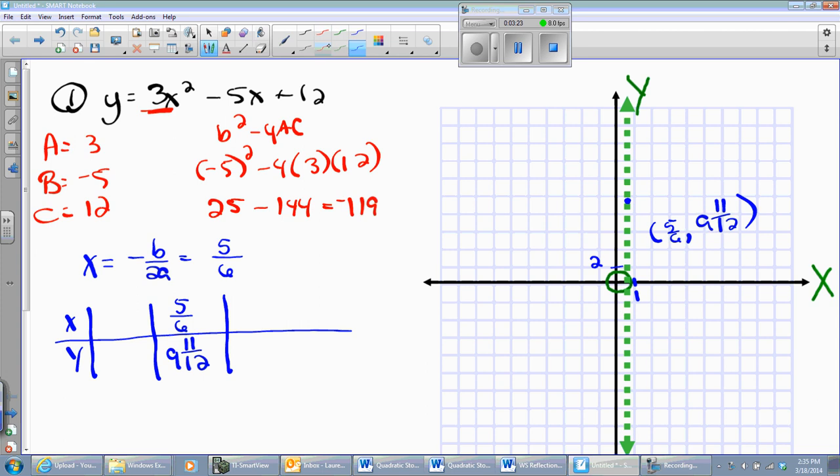All right, so now to do my other 2 points, I'd like to put 0 in whenever possible. And, all right, so I'm going to plug 0 in, and I will get 12 out. So 0, 12 is on my graph, and I'm counting by 2s, so 4, 6, 8, 10, 12. And so I'm going to plot the point 0, 12. Now, because of symmetry, I'm going to figure out how far apart these 2 points are.